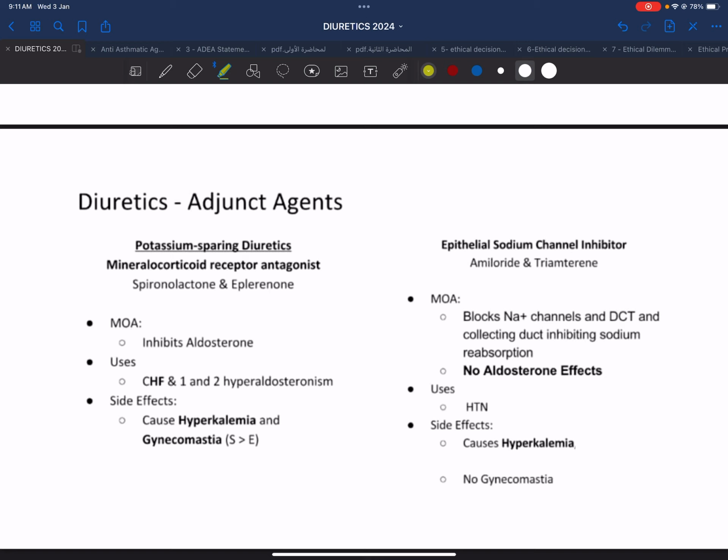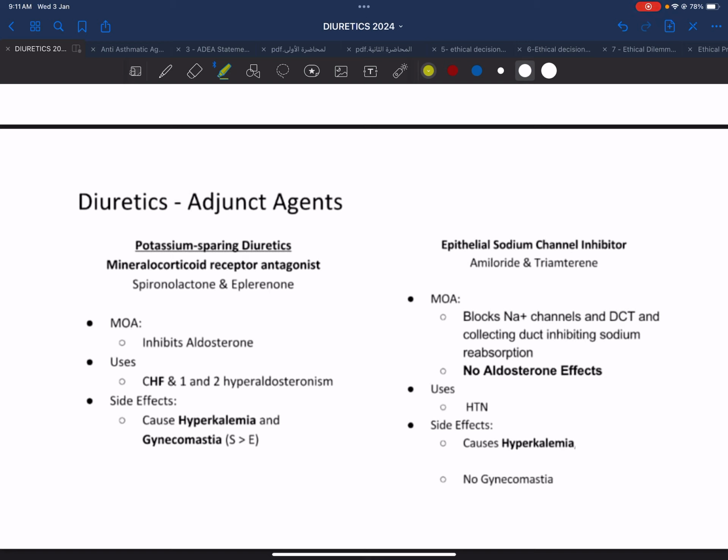The side effects are important. It will cause hyperkalemia. Why? Because it spares potassium. Yes, it takes away sodium, but it doesn't say anything to potassium. So that can lead to hyperkalemia, and hyperkalemia means arrhythmias.